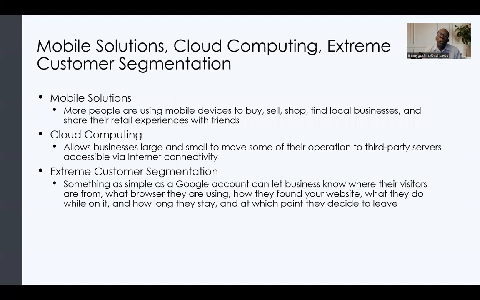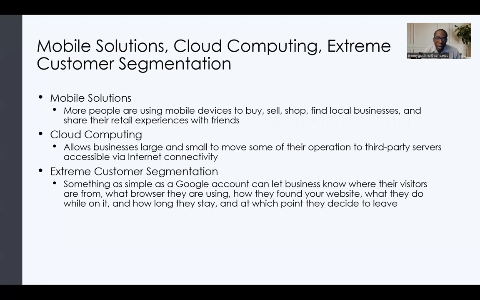We have mobile solutions, cloud computing, extreme customer segmentation. Just to give you a brief context on what those are. Mobile solutions, more people are using mobile devices. Some of you may be watching this on your mobile phone. We use mobile to buy items on Amazon, to sell items, let's just say on Craigslist, Depop.